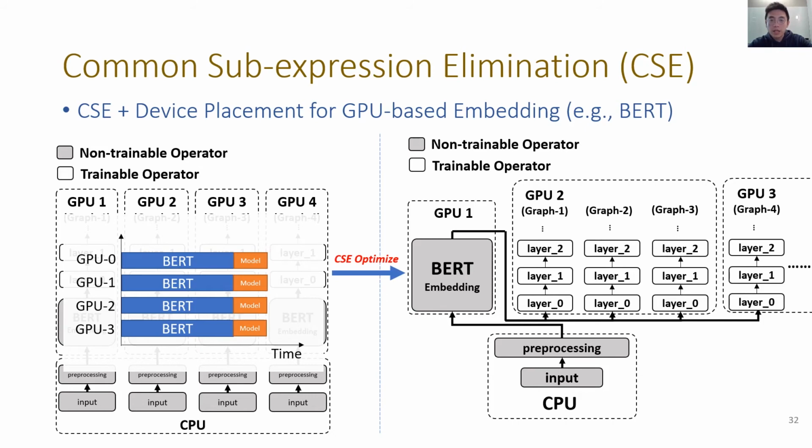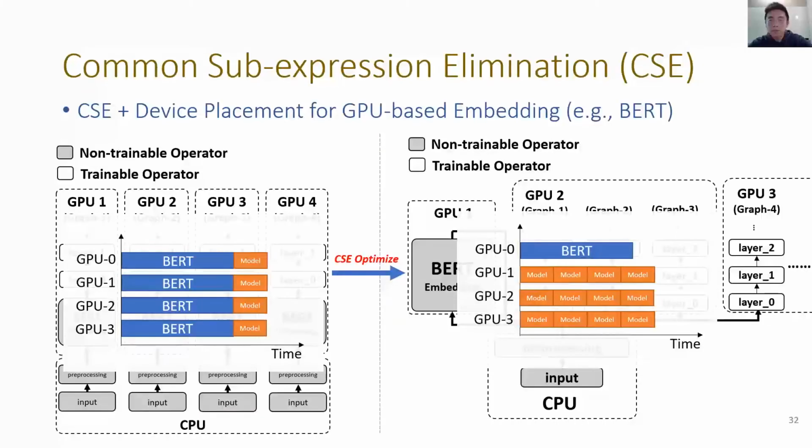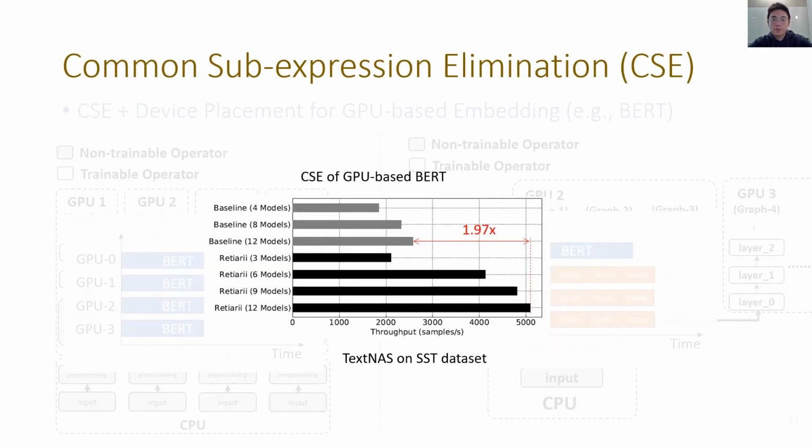Also, the pipeline can be further improved by overlapping the forward of multiple models with the BERT of the next iteration. Our micro-benchmark of TextNAS on the SST dataset with 4 V100 GPUs shows 1.97 times improvement on the total throughput.